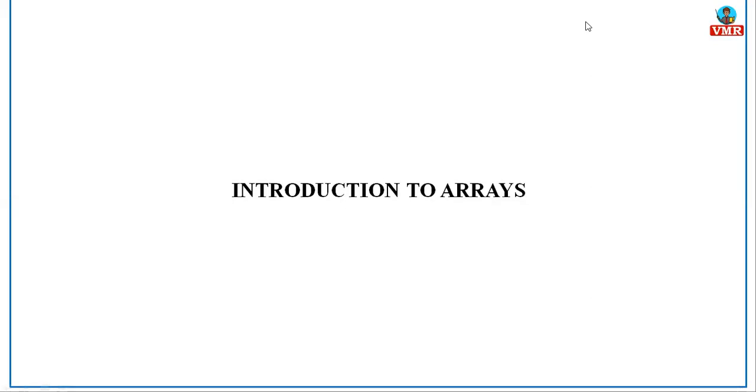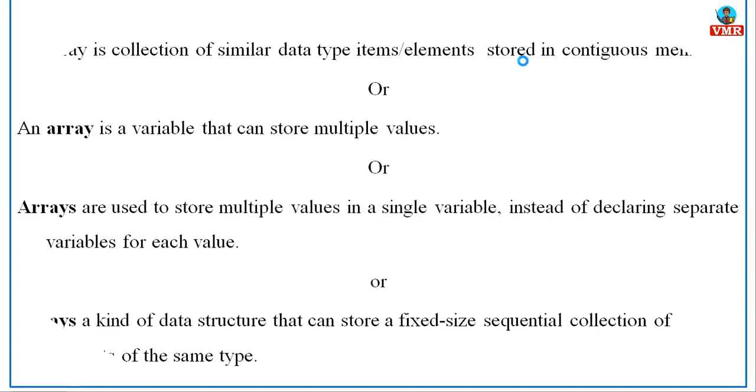Arrays are nothing but a collection of similar data type elements. As you already know, we have different data types.